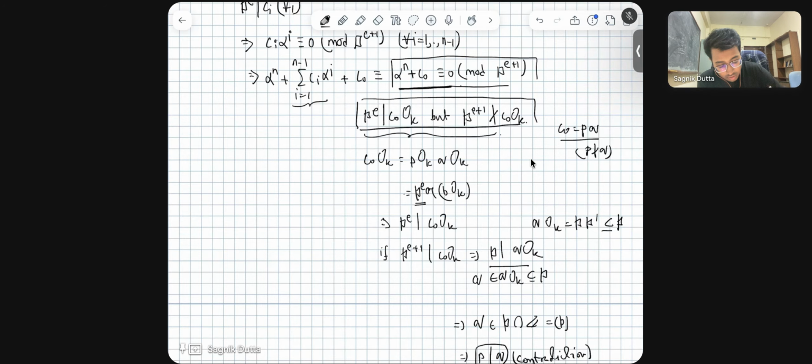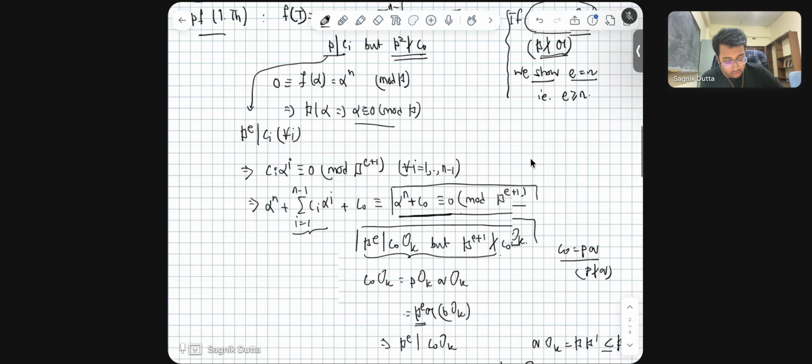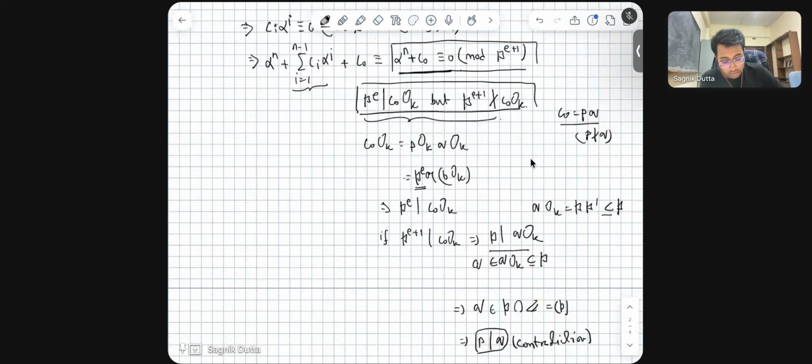You have C naught, which is divisible by P to the E, and what you had to prove is E is at least n, right? So P to the E divides C naught. You have this star, double star.